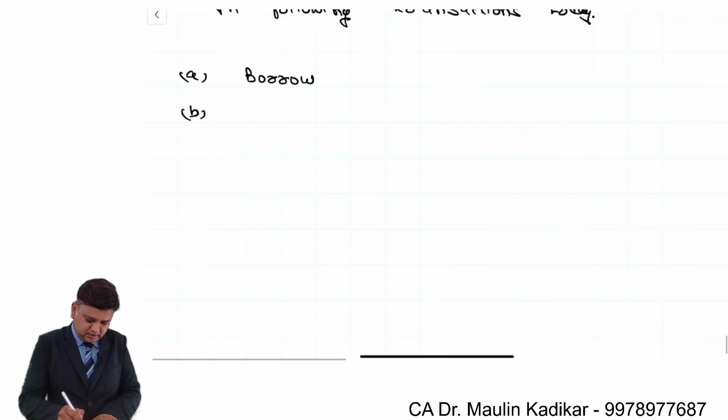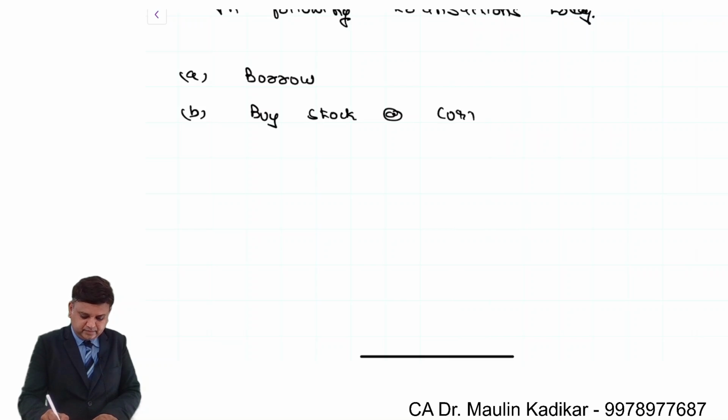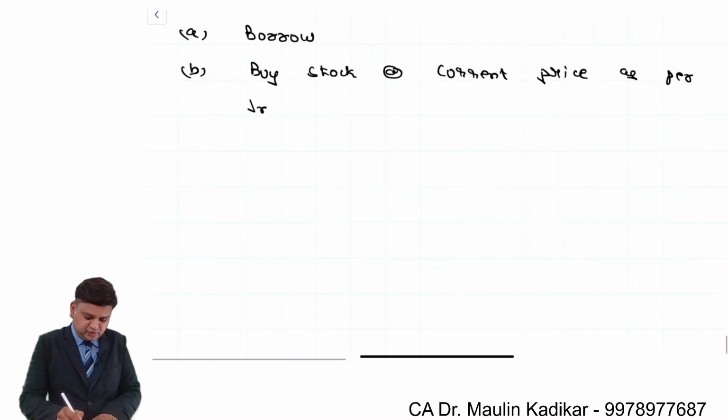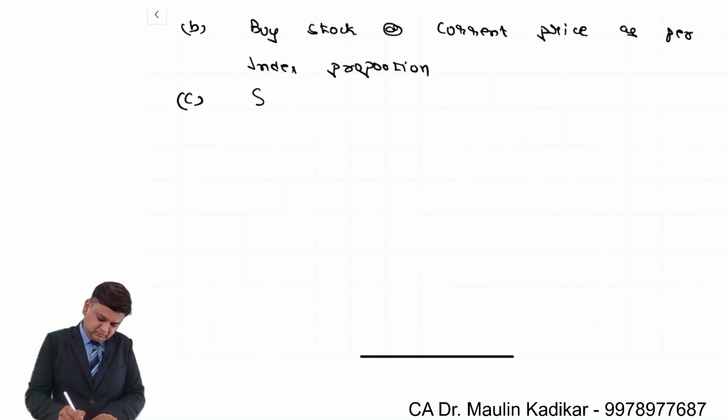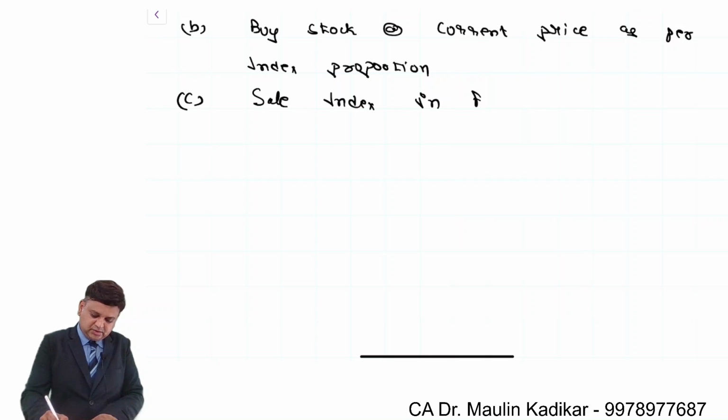B. Buy stock at current price as per index proportion. C. Sell index in futures. Full stop.